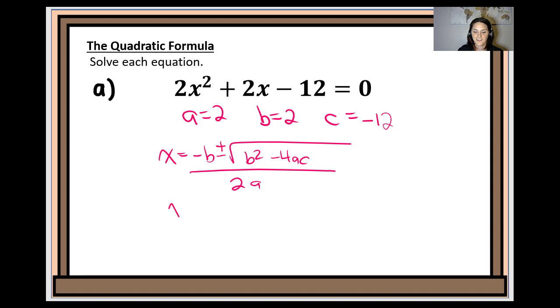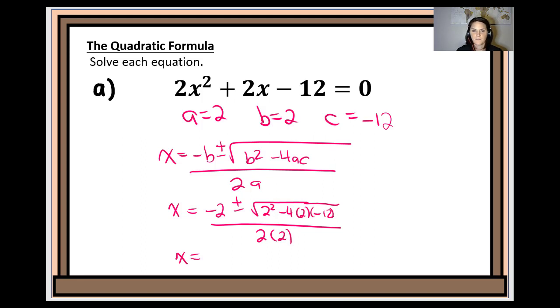Okay. So x is equal to negative 2 plus or minus the square root of 2 squared minus 4 times 2 times negative 12, all over 2 times 2. Okay, we're going to go ahead and simplify.